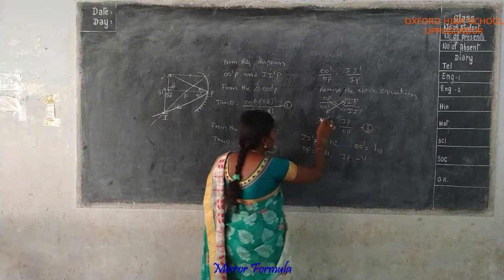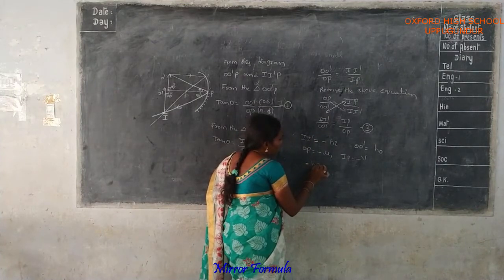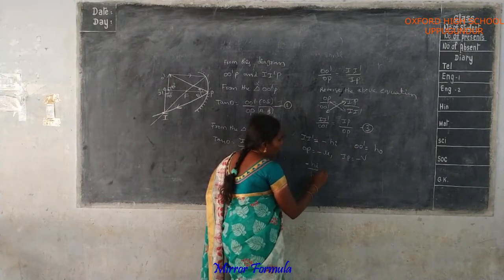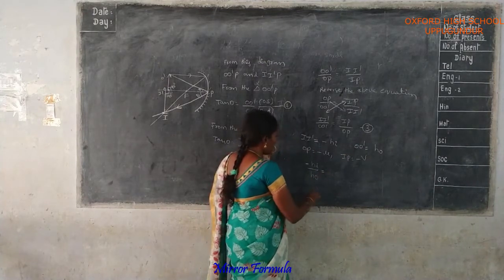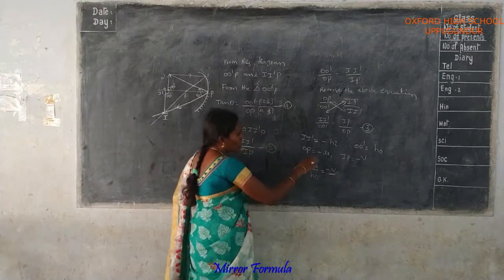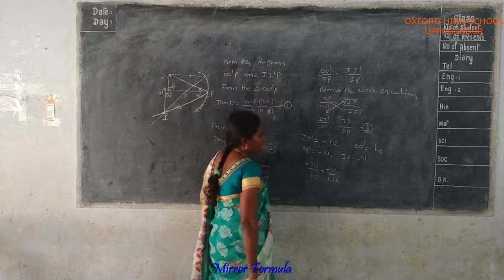Here I dash is equal to image height, that is minus HI, by O dash is equal to object height HO, is equal to IP, means image distance, minus V, and OP, means object distance, minus U. Here the minus signs get cancelled.